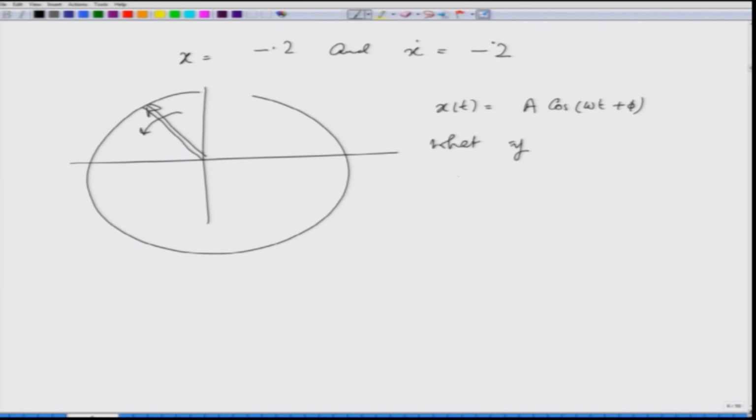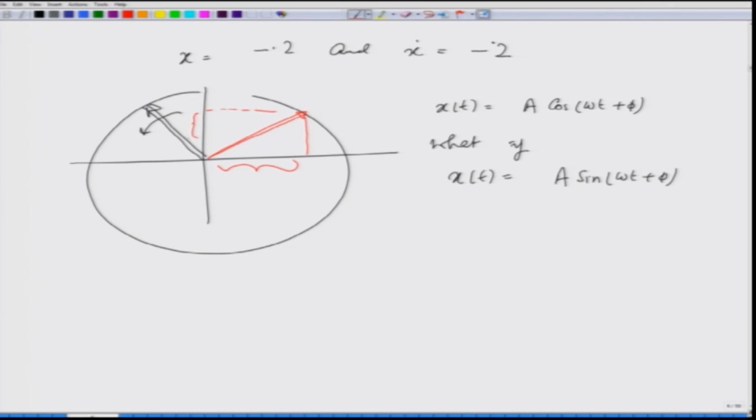What if x t is to be written as a sine omega t plus phi? In that case, recall that for the same phasor, its projection on the x axis gives me cosine and its projection on the y axis gives me sine.